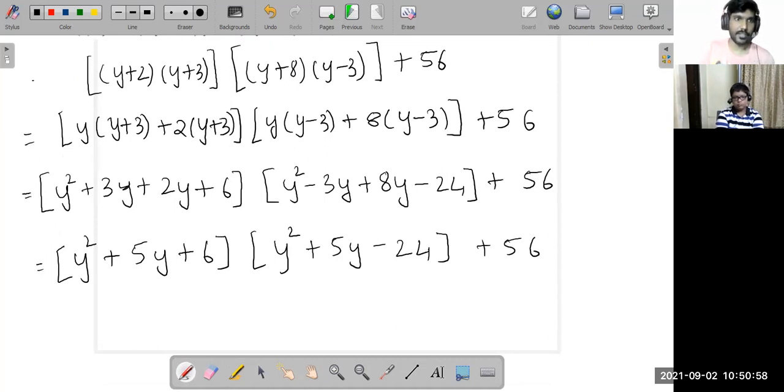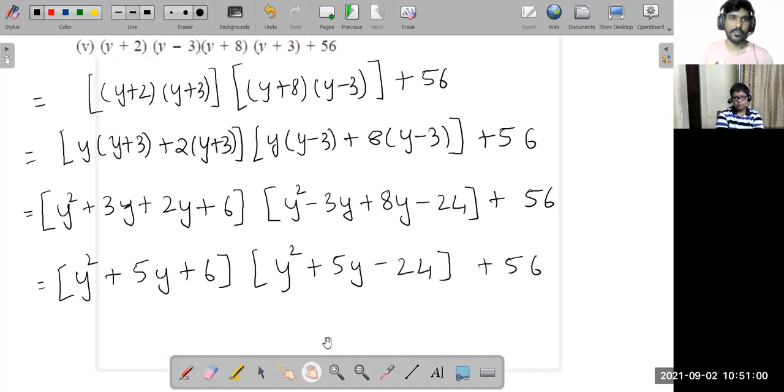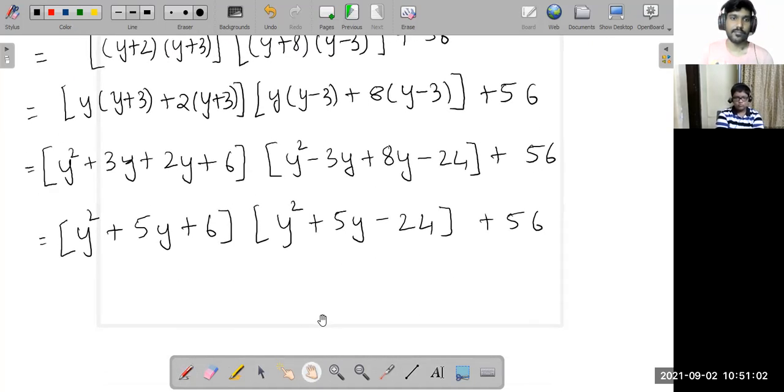Did you understand the step here? I've just added this 3 plus 2, 5, minus 3 plus 8, plus 5. Rest all as it is. Go through it and tell me if you have understood or not.